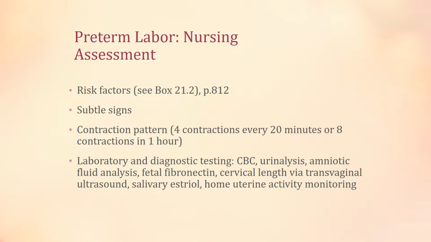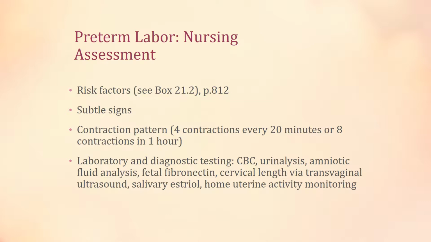If any of you are using the old book, the new book, you would want to look at box 21.2 on page 744, and it gives you a very good listing of all the risk factors with preterm birth. Some are the same as they are for dystocia. Some of these can be very subtle, like I told you, and the contraction pattern is very important.